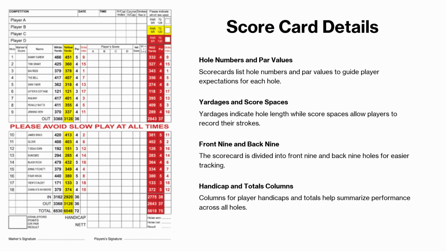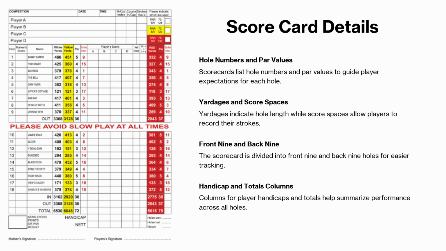So on this slide, we show a typical scorecard, and we'll get into some of the details. As you can see, there are hole numbers, and against each hole number, there's a par value. As I described earlier, the longer holes are going to be par 5s, the shorter holes will be par 3s, and the in-between holes will be par 4s.